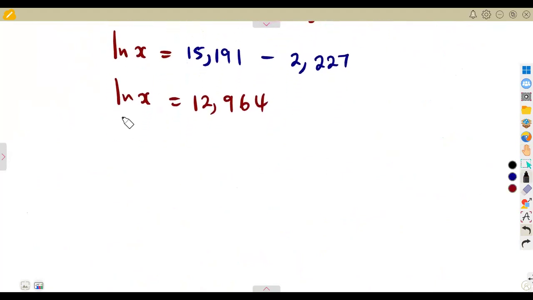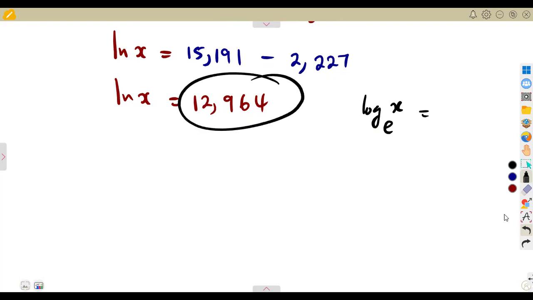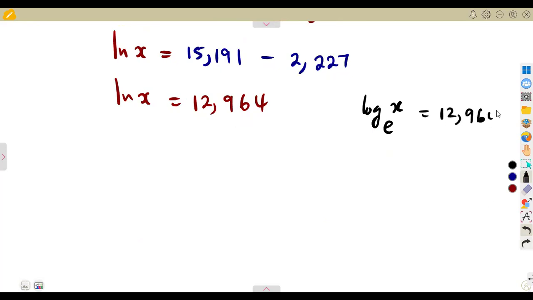The ln that we are seeing here is the same as the logarithm of x in the base of e. It means the logarithm of x in the base of e is equal to this number that we are given, which is 12,964. We just removed the ln x, log x base e. So how do I find x? X from our logarithms is going to be taken as e to the exponent of this answer.